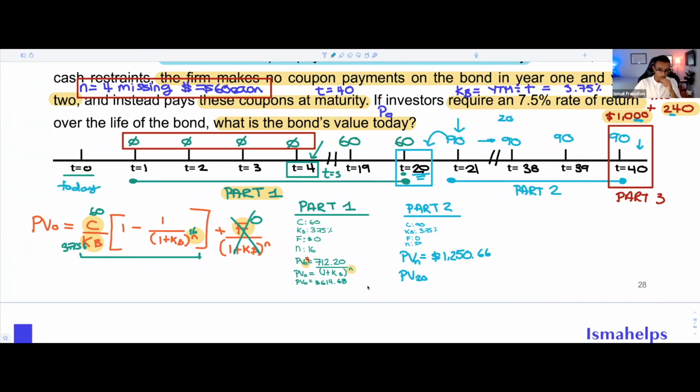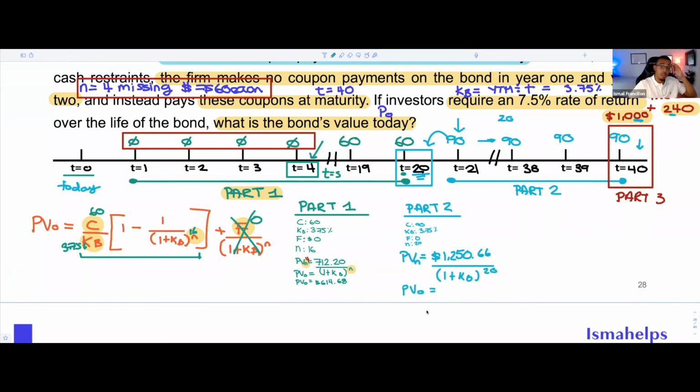So in this case, for us to bring it back to today's value, we need to discount it. What you need to do, as per usual, is 1 plus KB to the power of 20 to solve for PV0.